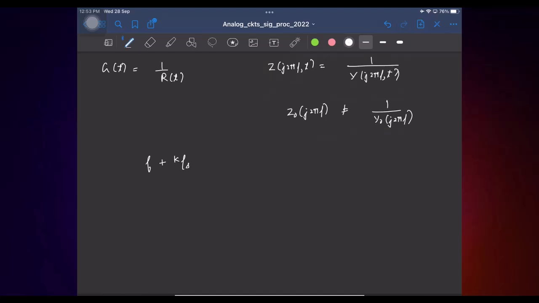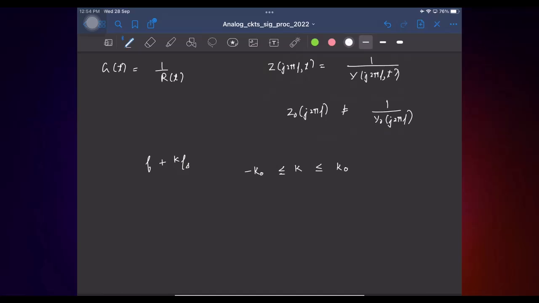In principle, you will have to vary k from minus infinity to plus infinity. But in practice, let us say you find that beyond some minus k0 and plus k0, the harmonic strengths are negligible. You can restrict k to this.